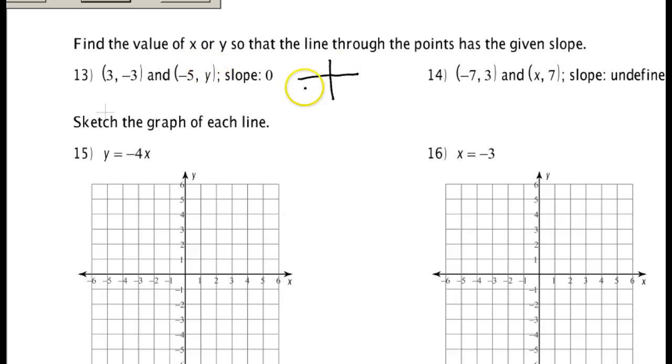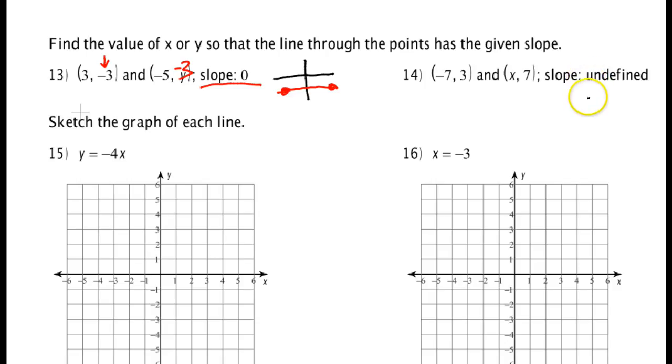If you have a graph that looks like this, and this line doesn't go up or down, the y value here is the same as the y value here. So the fact that this is a 0 slope lets you know that if it's at -3 on the y-axis, it's going to stay at -3. There are other ways of calculating these, but I'd rather have you solve it this way. Just understand that if it's 0, the y does not go up or down. It stays the same.